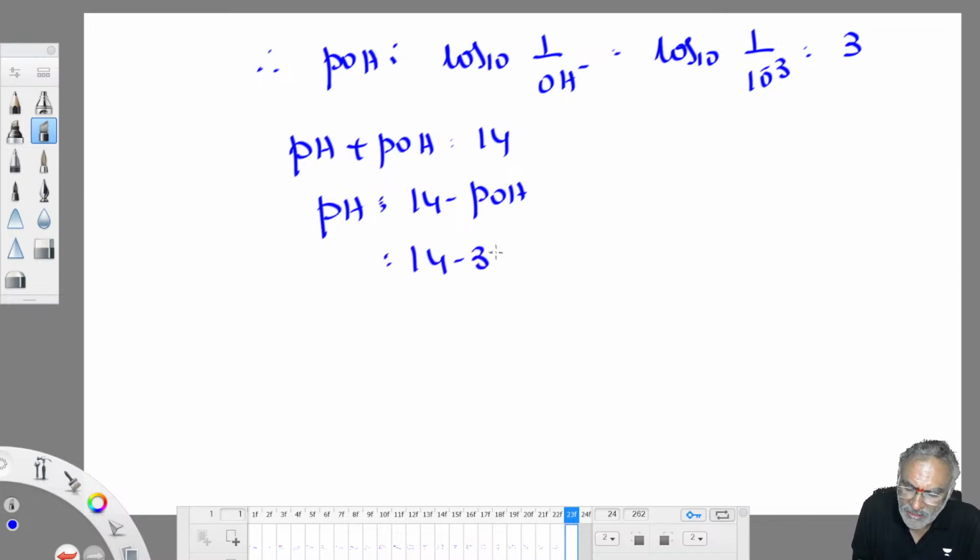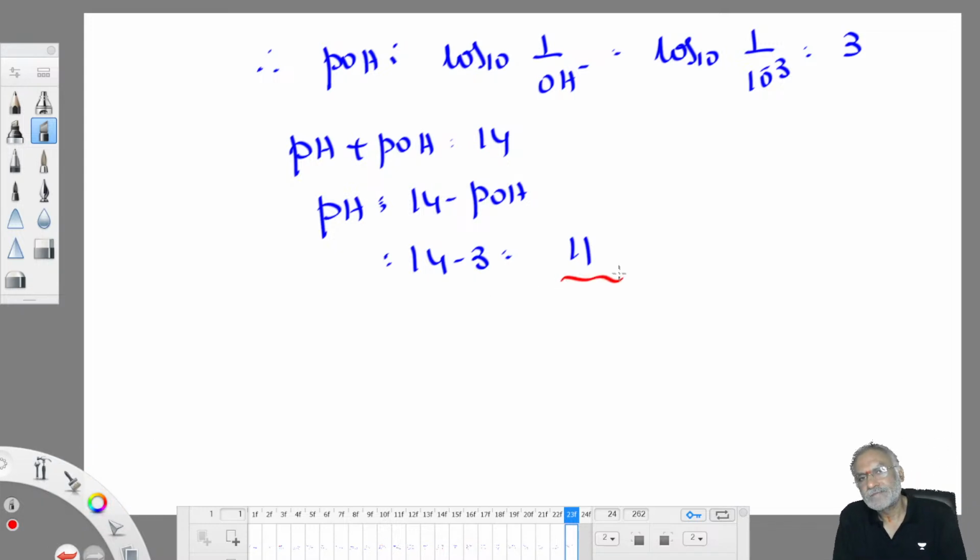So 14 minus 3 is 11. That was the answer for that question. This is how they will twist you. I hope the concept is clear to you: how to convert ionic concentration from moles per liter to milligram per liter, and milligram per liter to moles per liter.